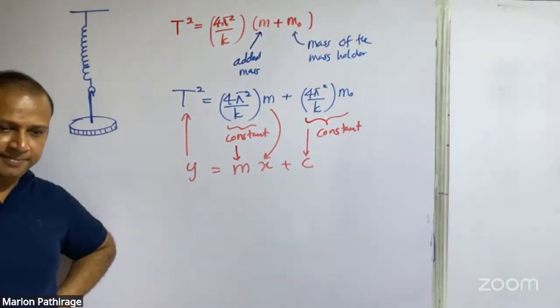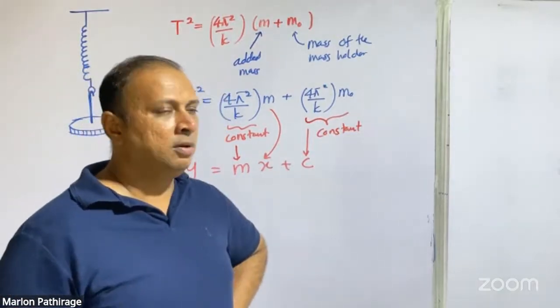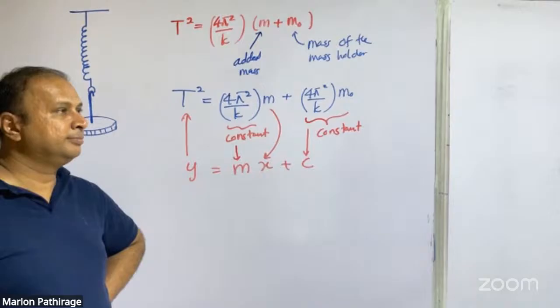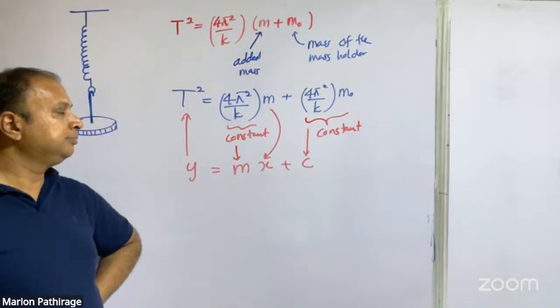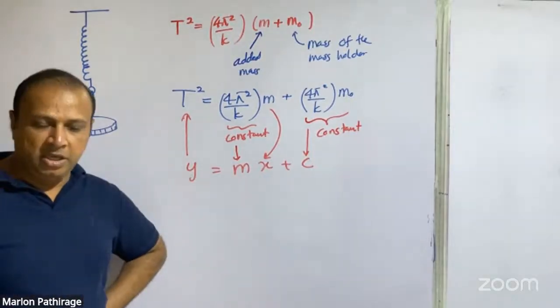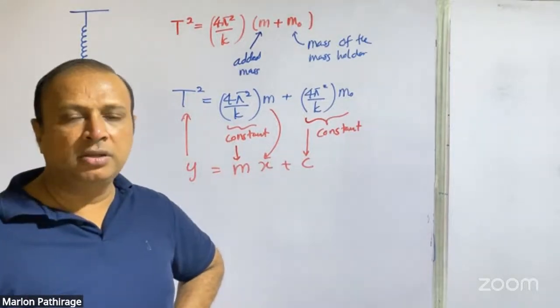The mass holder already has a mass. It should be added to the total suspended mass.